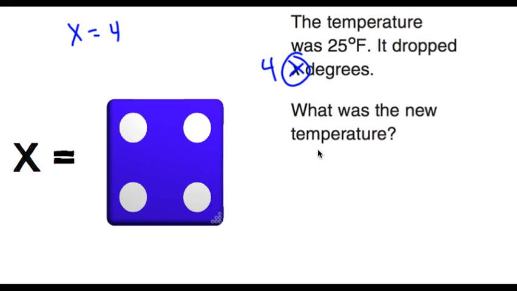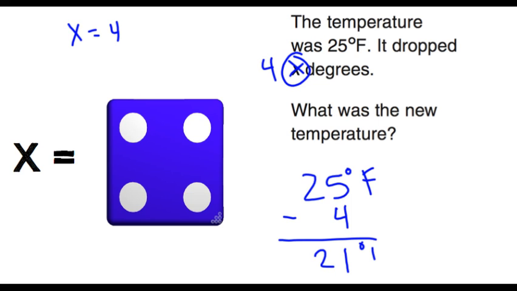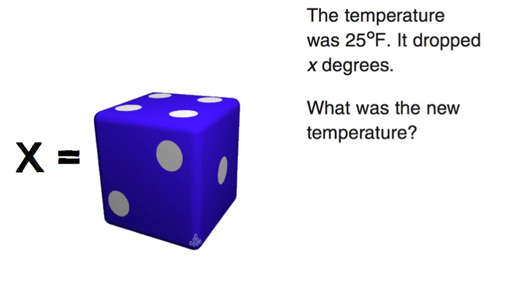The temperature was 25 degrees Fahrenheit. It dropped 4 degrees. What was the new temperature? If it's telling us it dropped 4 degrees, we know it's going down 4 degrees. So 25 minus 4 would be 21 degrees Fahrenheit. So that's the new answer to our question. What was the new temperature? 21 degrees Fahrenheit. Brr, that's cold.